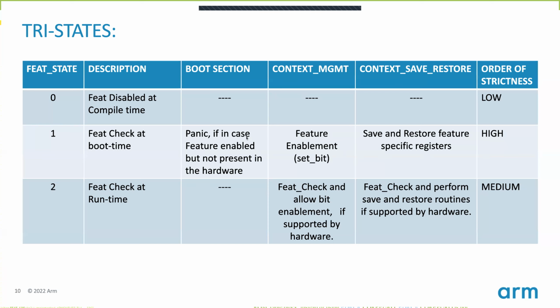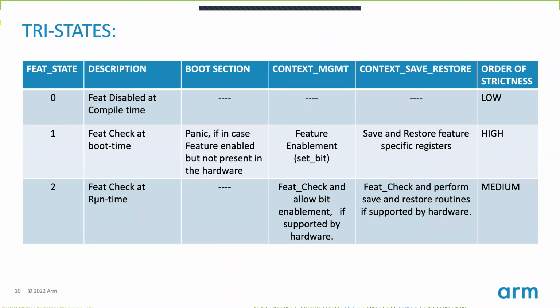In this way, at one point of time, we will get all the flags validated. And in subsequent sections, we'll just use the build macros to guard the access to those registers. The only point to keep in mind here is this is a kind of hard check, so panic will be called and the boot flow will stop here. The order of strictness is higher here.